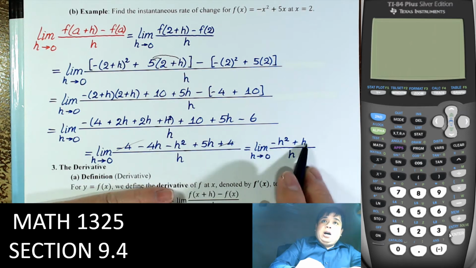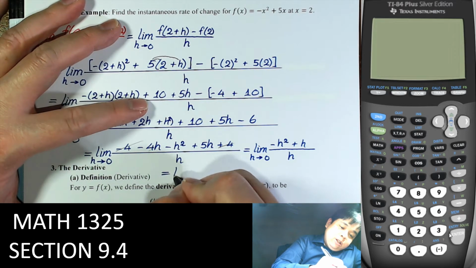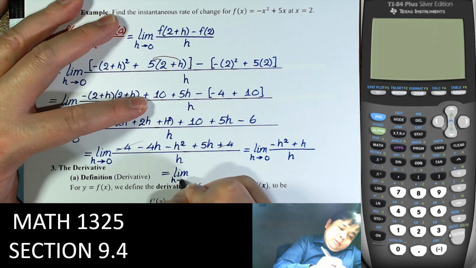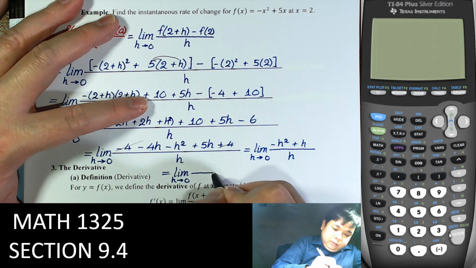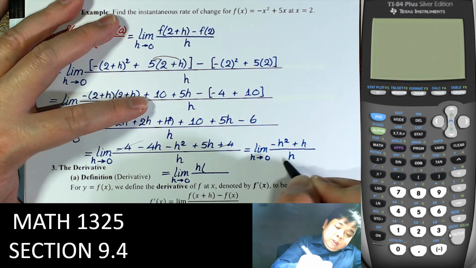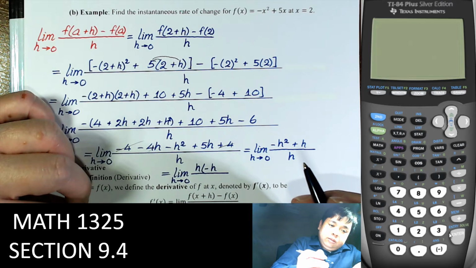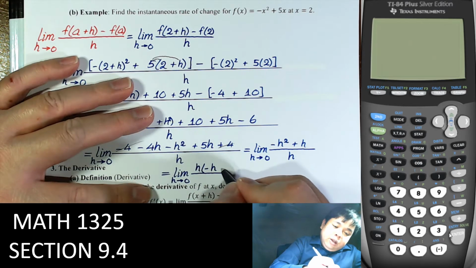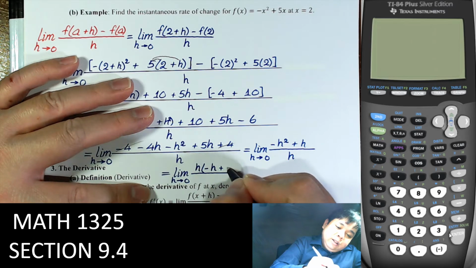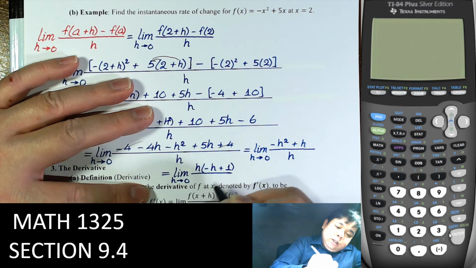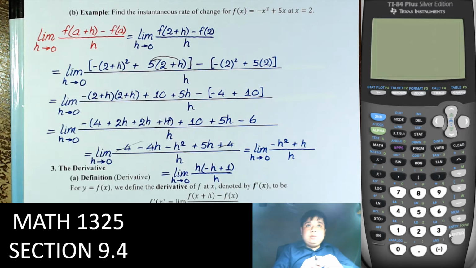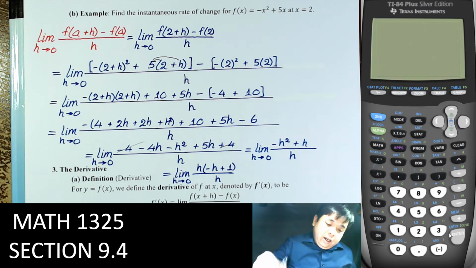Now the terms on top have h, I will factor it out. That gives us negative h plus 1 over h. Right, and then cancel out h.